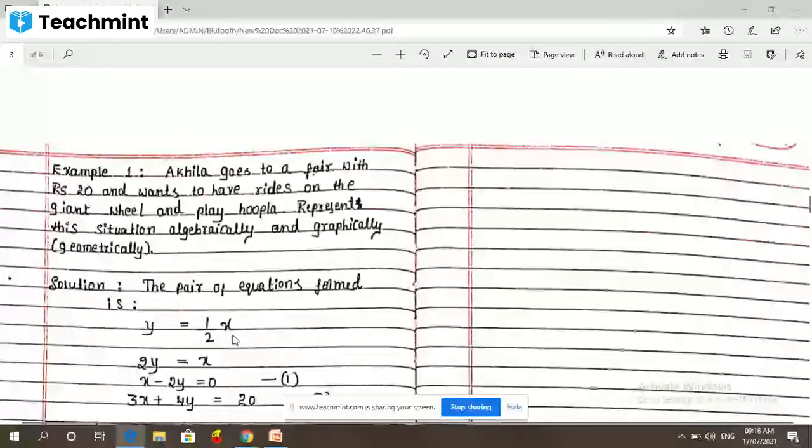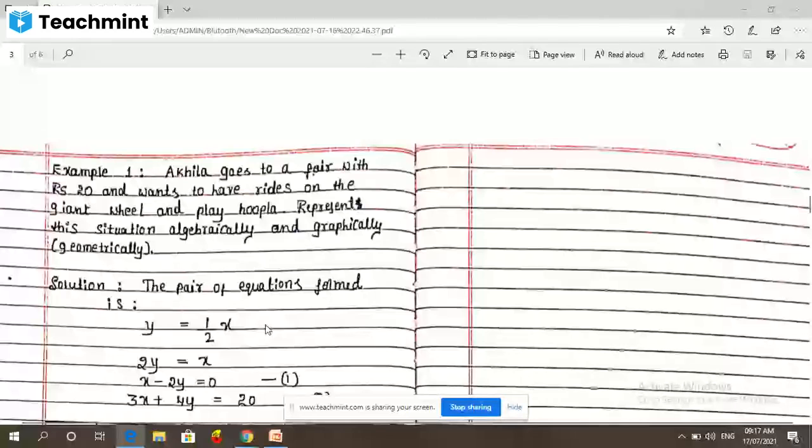According to that condition, the number of times she played hoopla is half of the number of rides on the giant wheel. Just recall that story in your textbook also. So we got the first equation as y is equal to half of x. Now we have to arrange this equation in the standard form.